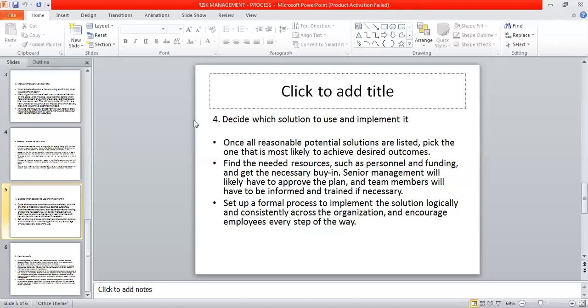Senior management will likely have to approve the plan first, and team members will have to be informed and trained if necessary. So we have to set up a formal process to implement the solution logically and consistently across the company, and we have to encourage the employees every step of the way.